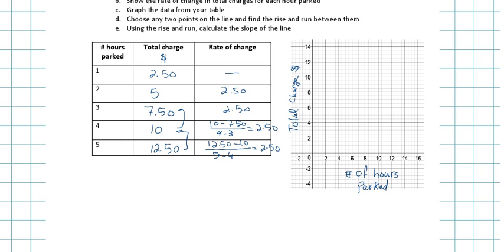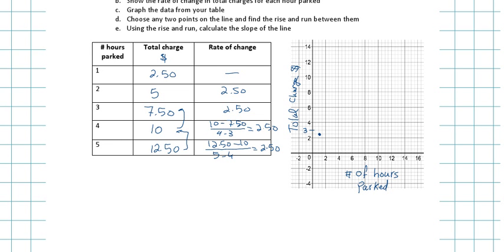I have 1 hour, it's $2.50. You guys have to be careful, because $3 is right here. So $2.50 is one block above 2. Ours doesn't show the block. Yours doesn't show? Okay. So we just have to try to figure it out.